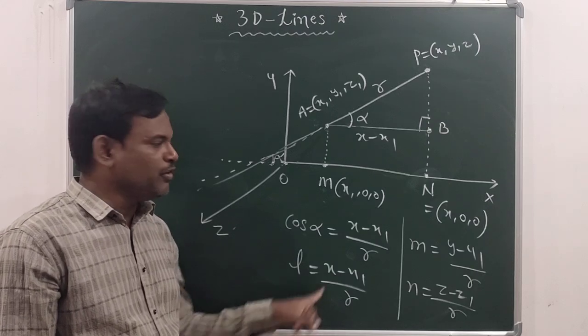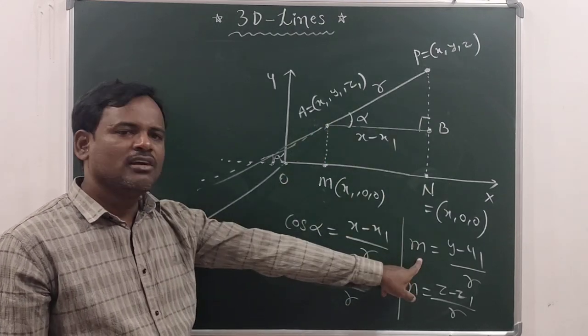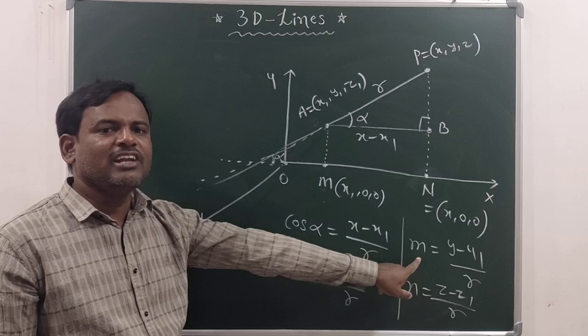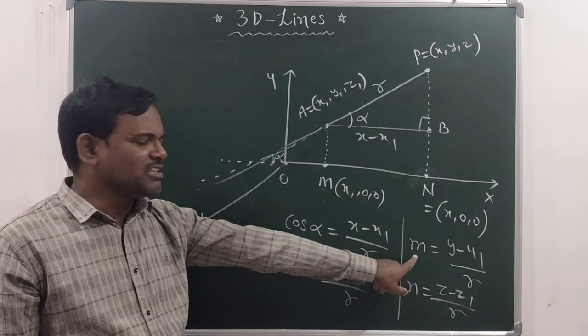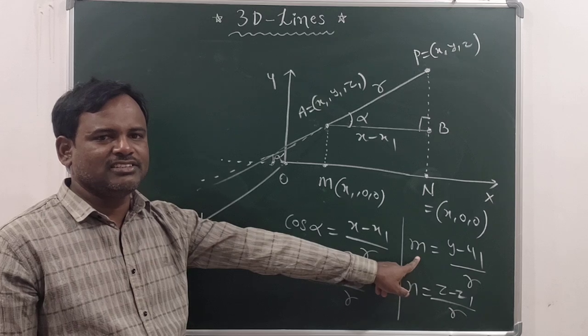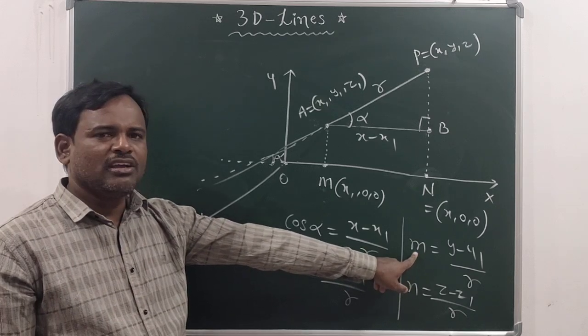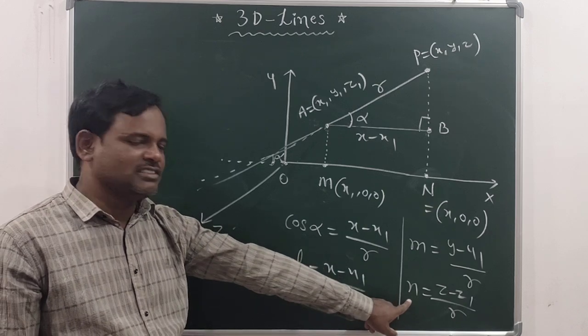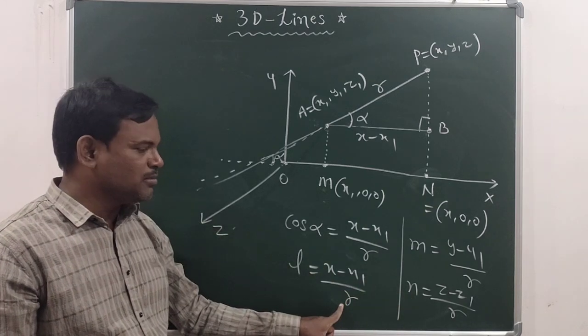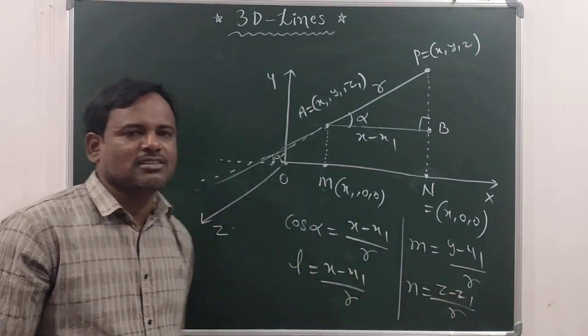In the same manner, if you take the projection of AP on the y-axis, then define cos beta, cos beta is nothing but m in the DCs and DRs chapter. Similarly take the projection on the z-axis and write this. So here make r the subject, here make r the subject, here make r the subject.